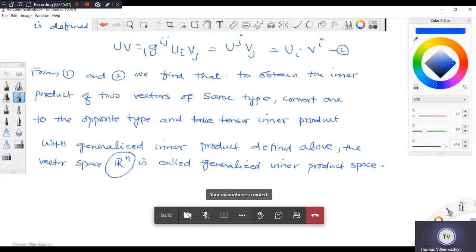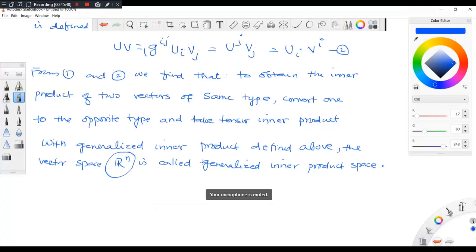Now why did we define it? Because then only you can find out a length. How do you define the length of vectors in this space? So length, usually in a generalized inner product space, we call the norm. Okay. And the usual thing we call the length of a vector. How do you define the length of a vector?